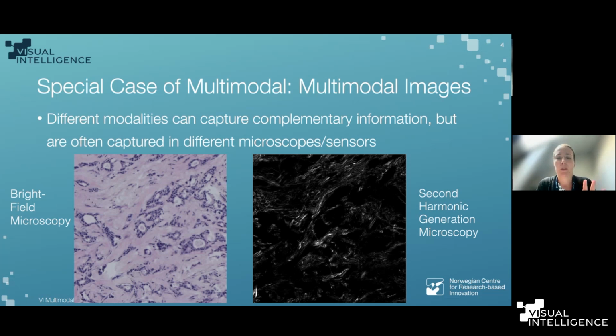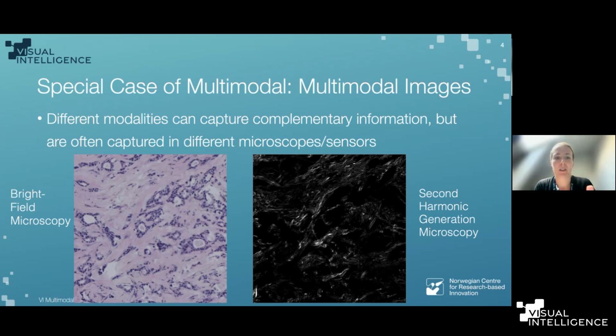So multimodal images, it's usually that I have the same scene, but captured with different sensors that give me some type of complementary information about the very scene. In biomedical applications, it's very popular. So here you have some tissue that's imaged with bright field microscopy and with second harmonic generation, exact same field of view, exact same tissue, but looks very, very different, right?